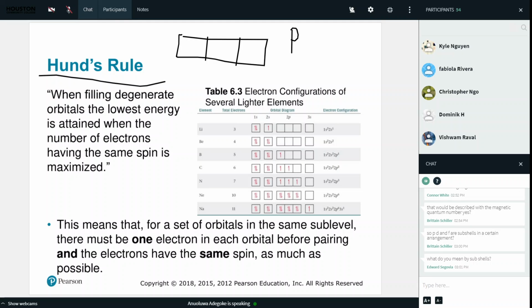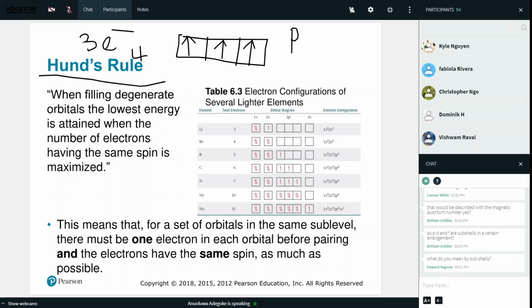So if I want to place 3 electrons in this p orbital, what Hund's rule is saying is I place them singly first before I start pairing. Let's say I want to place 4 electrons.